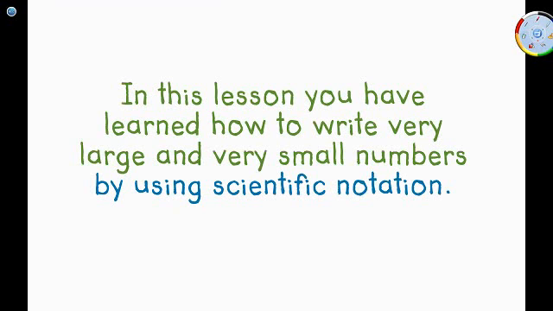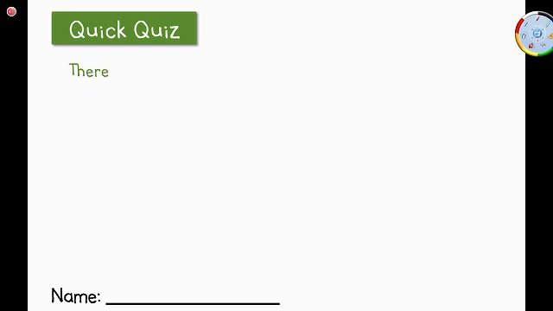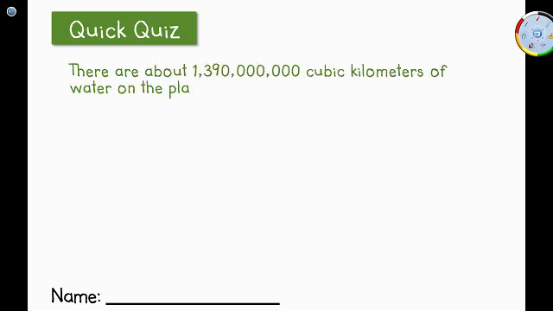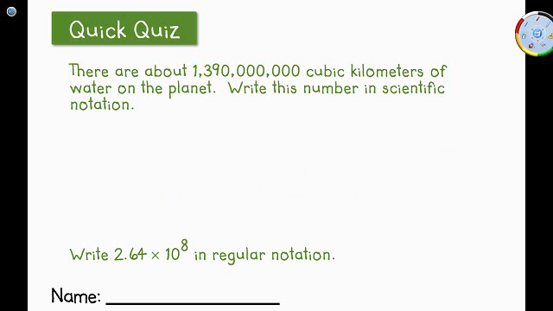All right, so in our lesson today we learned how to write very large and very small numbers by using scientific notation. So this is how you can receive your content credit from me today. I have these 3 quick quiz questions. There are about 1,390,000,000 cubic kilometers of water on the planet. Write this number in scientific notation. Write 2.64 times 10 to the 8th in regular notation.